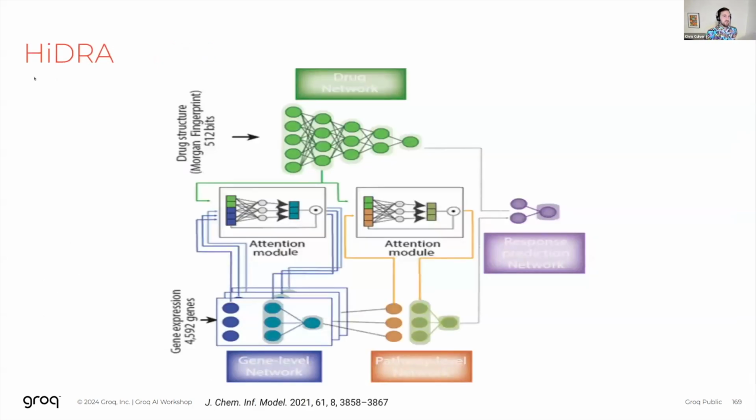So on to a slightly different model. This model is called HiDRA. It's some hierarchical transformer model. This is a picture from the paper. So there's some part at the top, which is, as far as I know, doing some feed forward dense neural network. It's taking the outputs from that and then passing them into two different sets of attention modules.